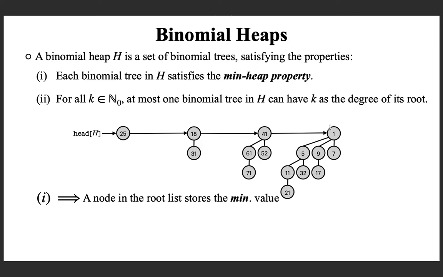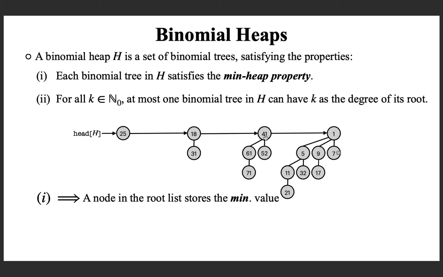And now the second property. If you want to have B0, you can have just one copy of B0, you cannot have two copies. Then here you have B1, B2 and B3. And from the previous lecture, you know that in B0 there are 2 raised to 0 nodes, that is 1 node. In B1, 2 to the power 1 nodes, that is 2 nodes.